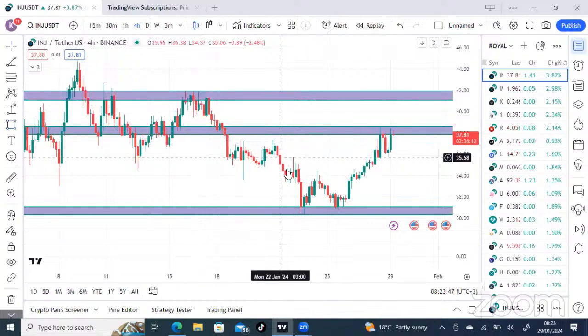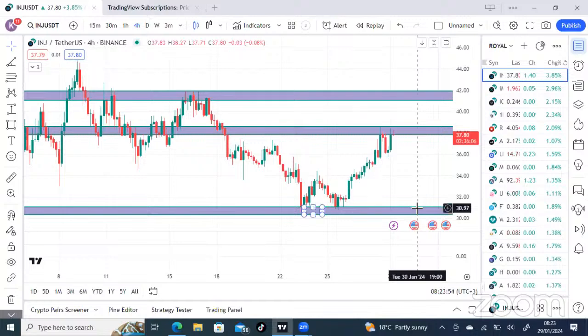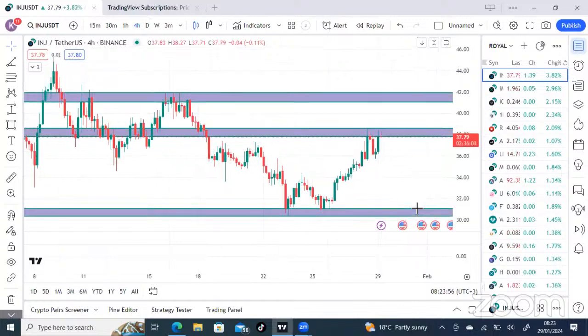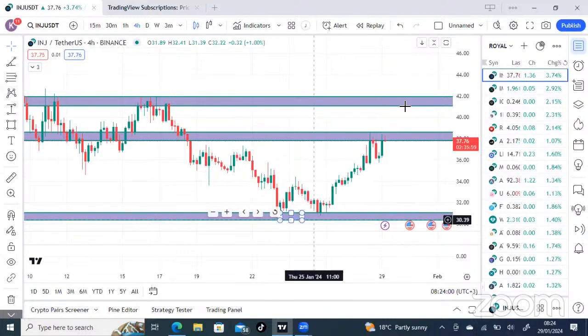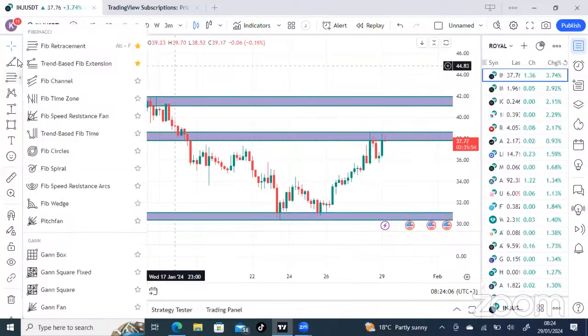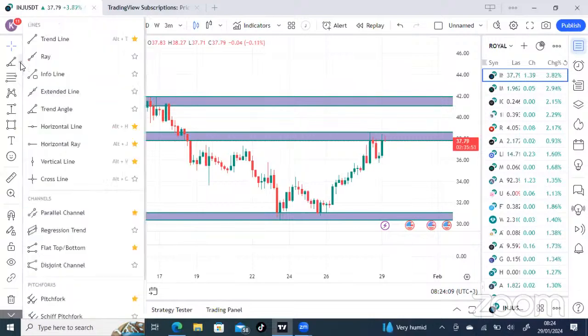Now, after we have been able to construct this, we are going to draw a line below the candles, because when the market is in an uptrend, we draw our support line below the candles.